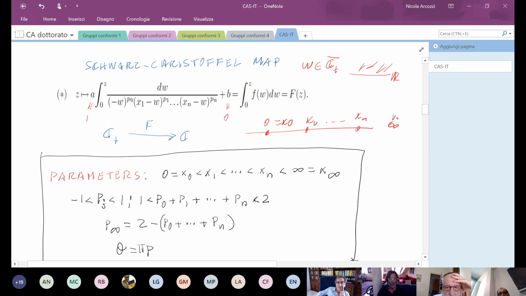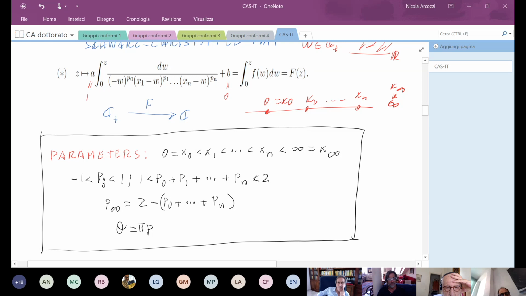And then infinity, let's say that it is x infinity here. And these powers are between -1 and 1, so that the integral converges in the generalized sense. And the sum of these has to be bigger than 1.